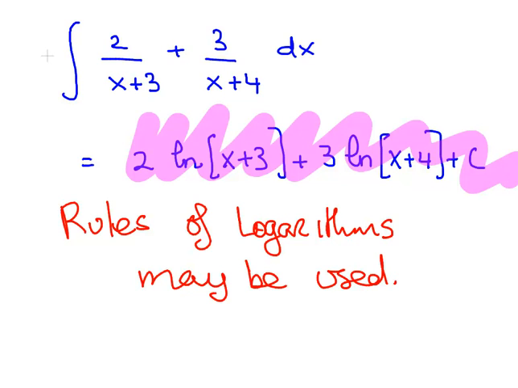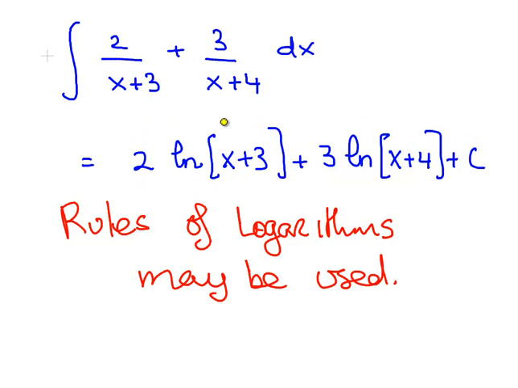The rest was just using rules of logarithms, not really part of the integration exercise, so as far as the integration is concerned, we're finished. So that's the answer there: 2 times log of x plus 3 plus 3 times log of x plus 4 plus c. And just as a remark, in this case it's an indefinite integral, so remember the undetermined coefficient. Alright, that's enough of that.